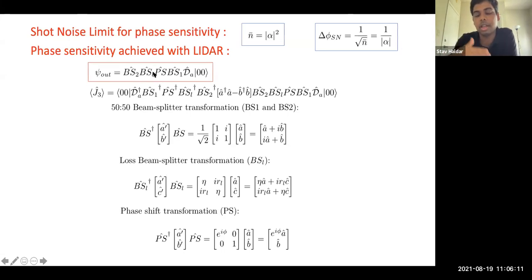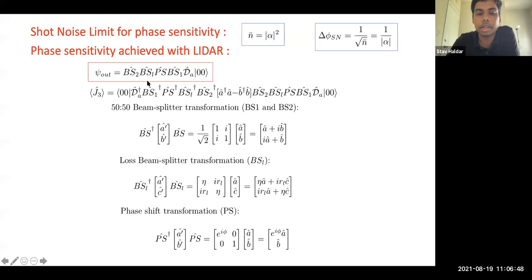The loss here is modeled by a beam splitter with a certain transmissivity, which makes sense in the sense that you get a certain number of input photons, and depending on the transmissivity, only a certain amount of photons reach out. But additionally, the quantum effect of that noise addition is that because you also have the vacuum coming in from the other end of the loss beam splitter, you also have some extra fluctuations because of the noise.